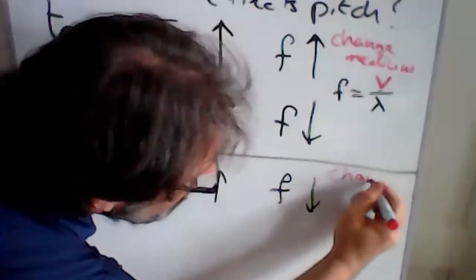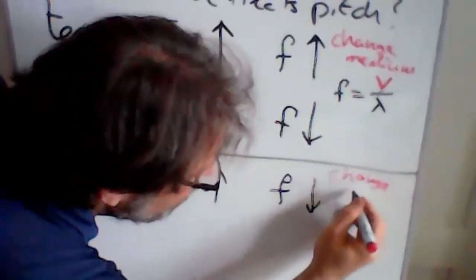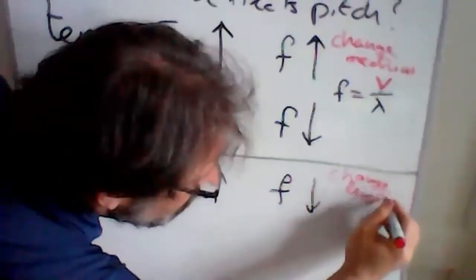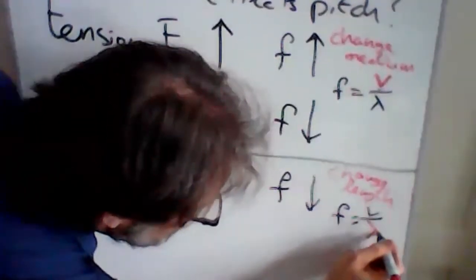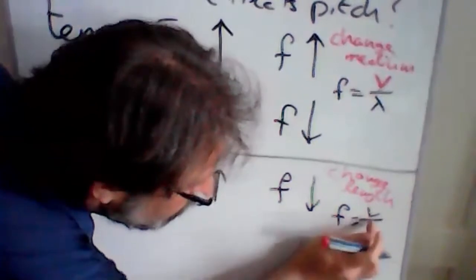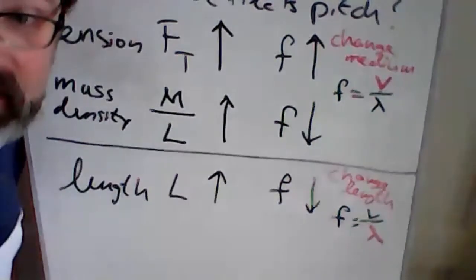So down here, we're not changing the medium, but we're changing the length, and therefore the frequency is equal to V divided by lambda.